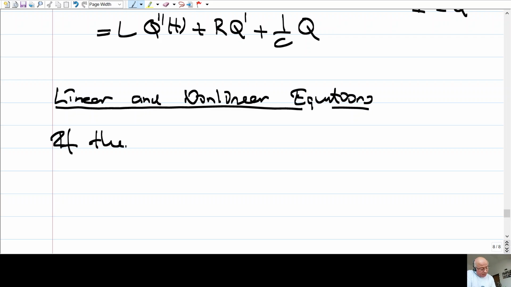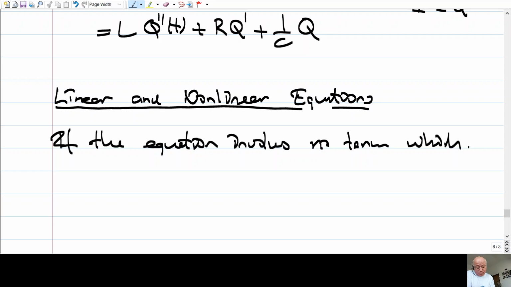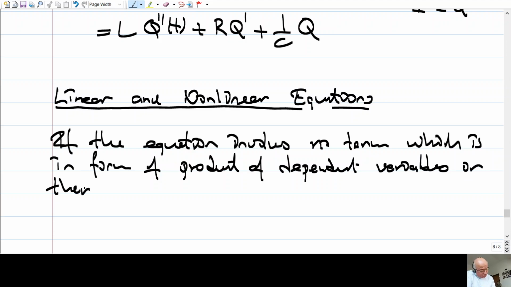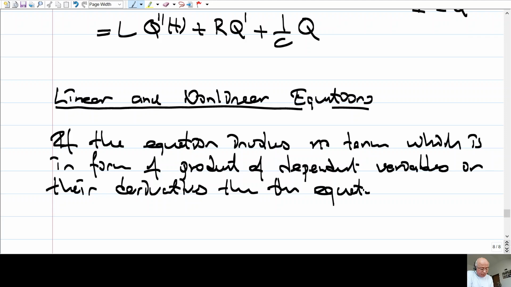If the equation involves no term which is in the form of a product of dependent variables or their derivatives, then the equation is called linear.